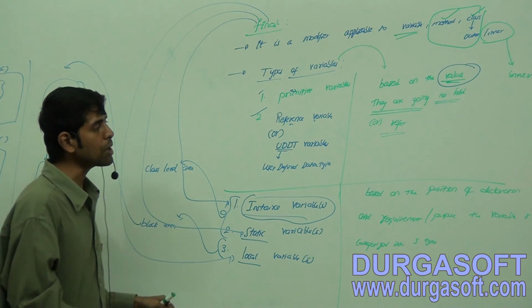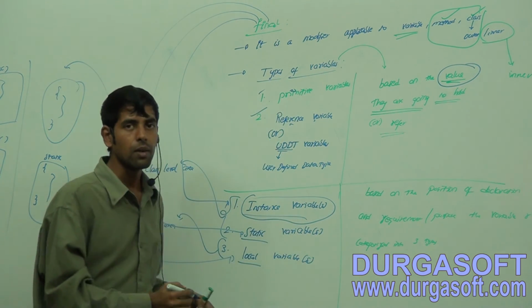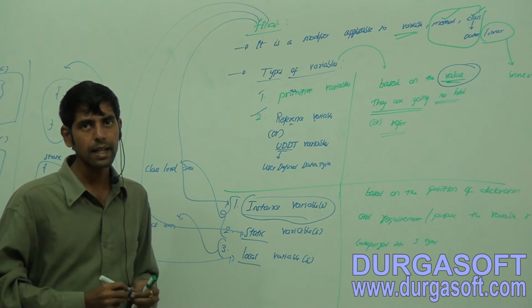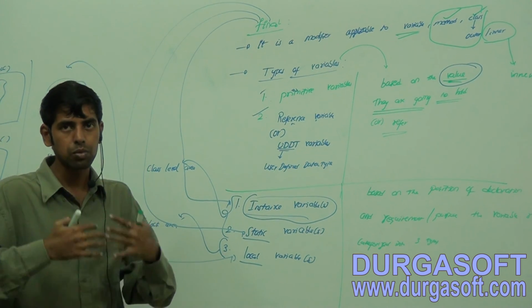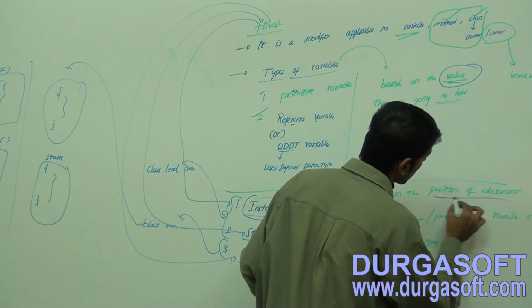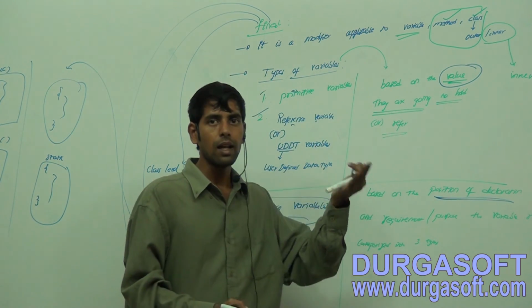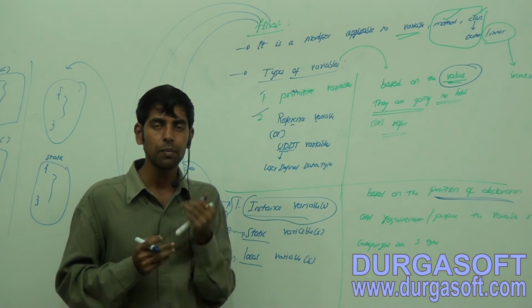Now coming to the other concept, based on which they have categorized these variables: based on position of declaration. We have class level area, method level area, or block level area.